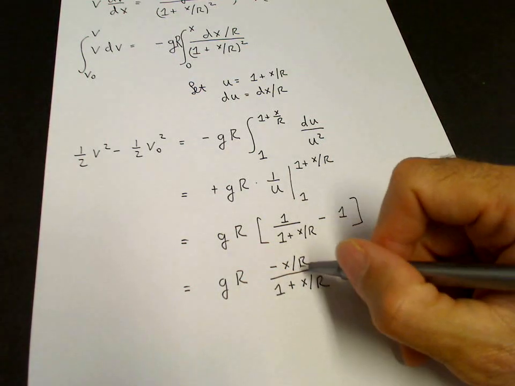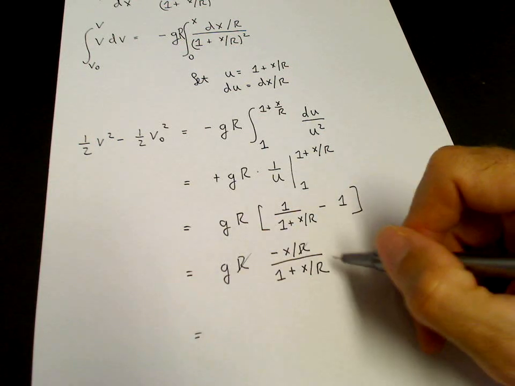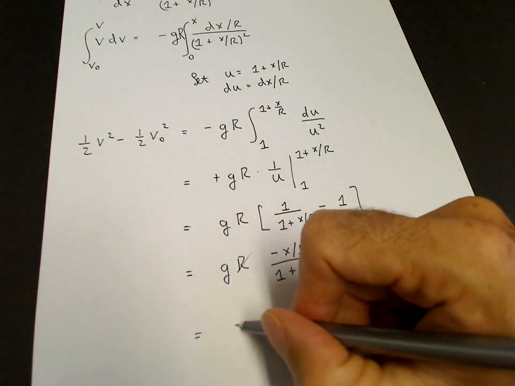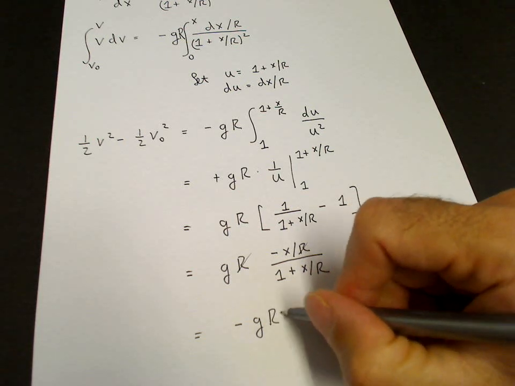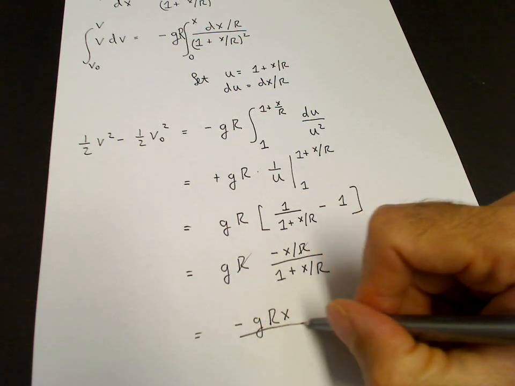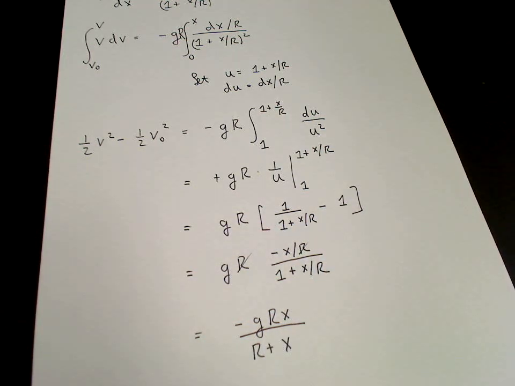So the r cancels, and then we can multiply by r, so we have a minus g r x over (r plus x).